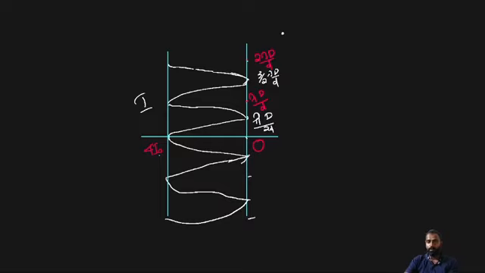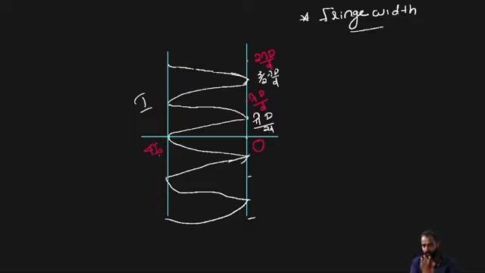Then I want to introduce another term, fringe width. What do you mean by fringe width? Fringe width is nothing but the distance between two consecutive maxima or two consecutive minima.